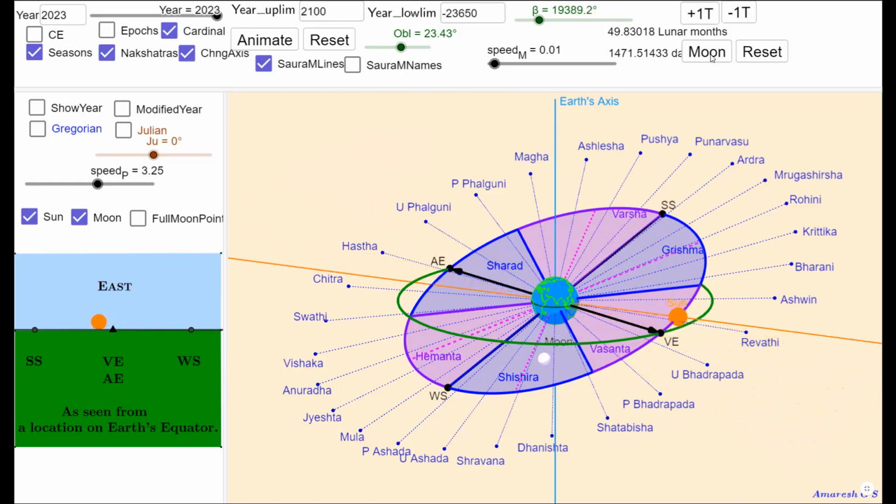Vaishak, Jeshta, Ashad, Shravan, Bhadrapad, Ashwin, Kartik, Margashirsha, Paush, Magh, Falgun.